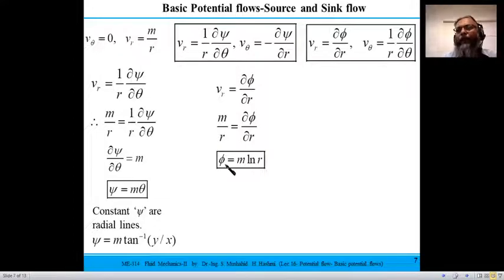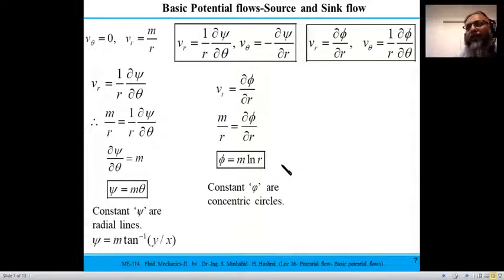Once I have integrated, I get the function m times ln r, and that would represent concentric circles, because you know the equation of a circle is x² + y² = r² if its center is at the origin. So substituting back the value of r in the Cartesian coordinate system, you have an expression for the corresponding velocity potential function.